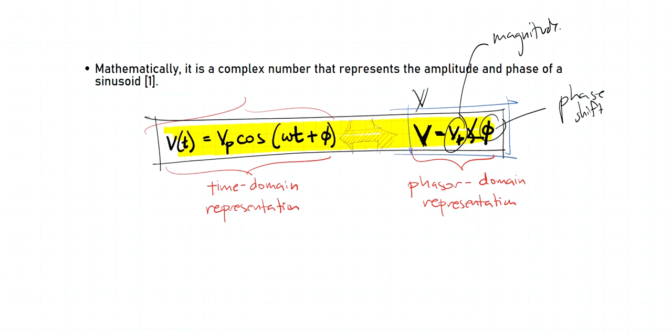So what will happen is that if this is our sinusoid in a time domain representation, this phase shift goes to this side, and the magnitude or the amplitude goes to this side. So that's the transformation in terms of mathematical expressions.